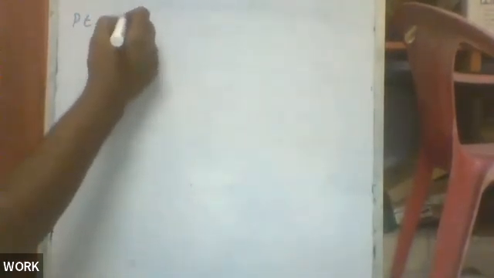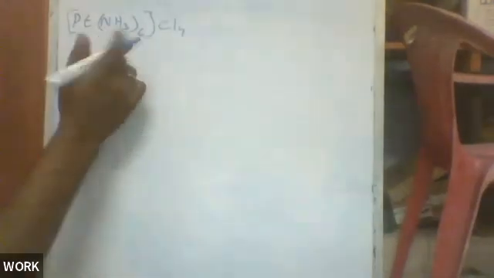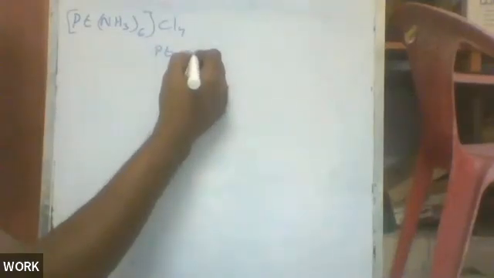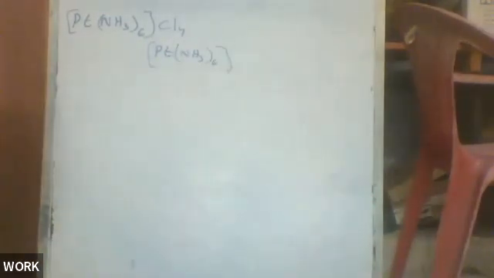So when you are writing the ammine complex of platinum, hexammine, Cl4, in the coordination sphere what is there? Platinum hexammine. Then what charge will we get above? +4.